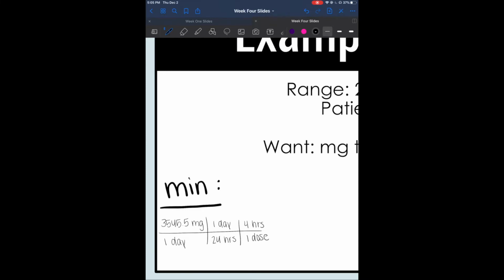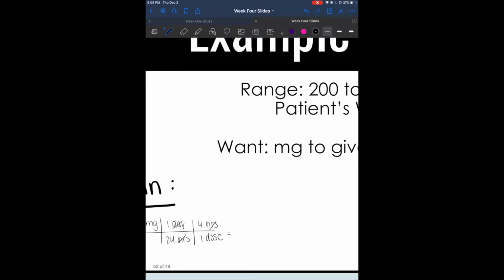So now your days cancel out and your hours cancel out, and you're left with milligrams over dose, which is what we need. So we can multiply across the top and the bottom.